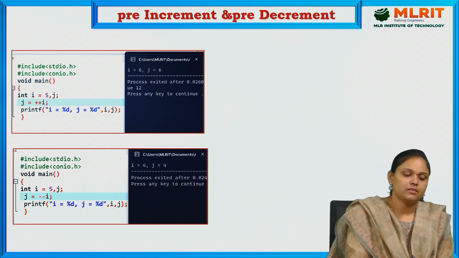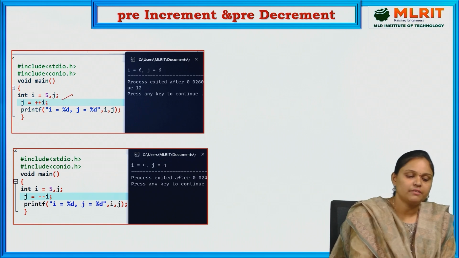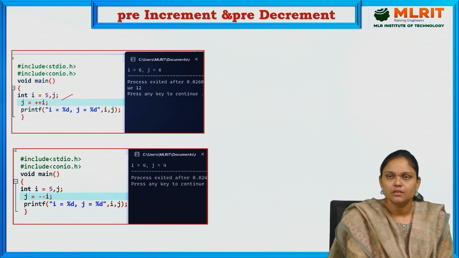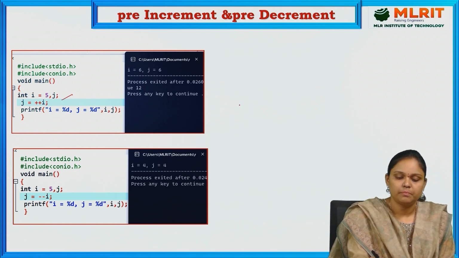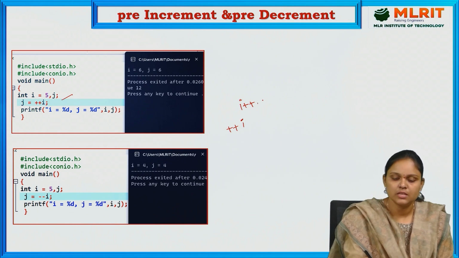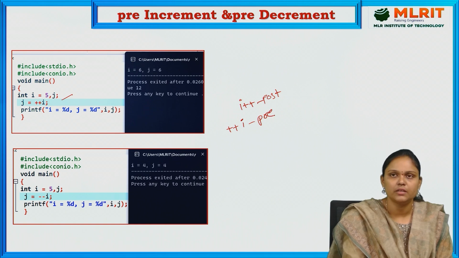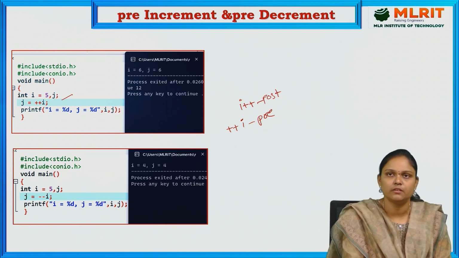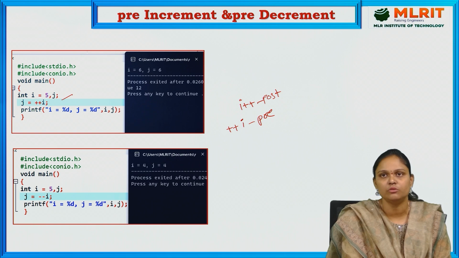In the same example we have taken, the thing is, instead of doing i plus plus, in the pre-increment the operator will come first and next the operand. This is the post increment and this one is the pre-increment. In pre-increment, we'll get the operator first, so the operation will be performed first, and then whatever value has been changed, that value will be assigned to the j value.